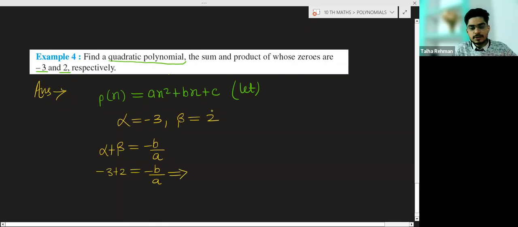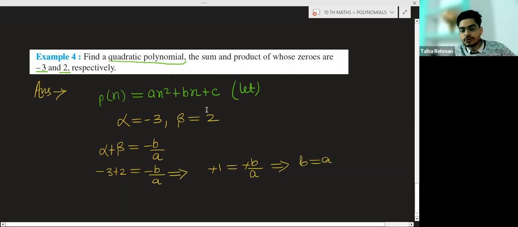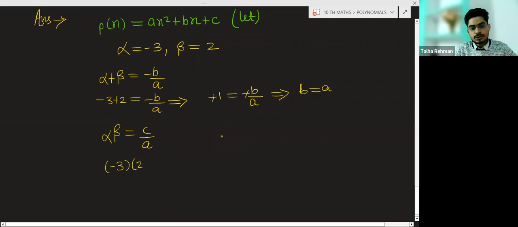It is -1. -1 is equal to -b by a. So you will get b is equal to a. Now product of zeros, that is alpha beta, is equal to c by a. So product of the zeros -3 into 2 is equal to c by a.